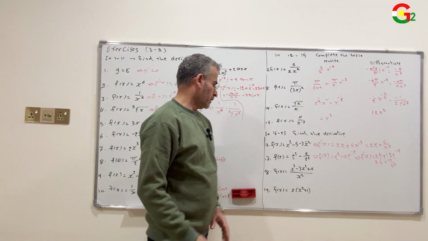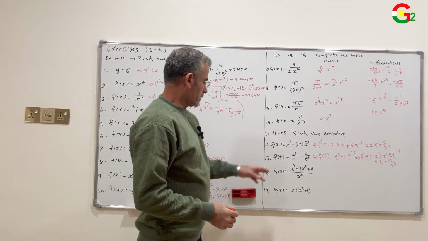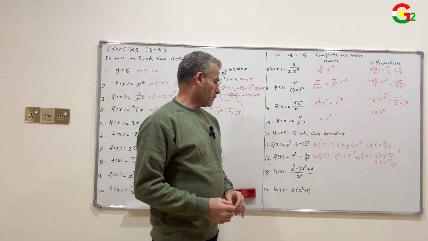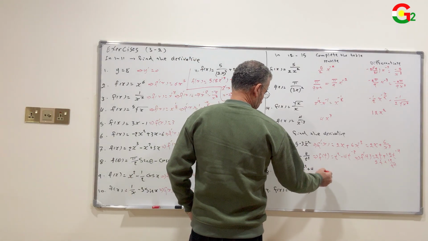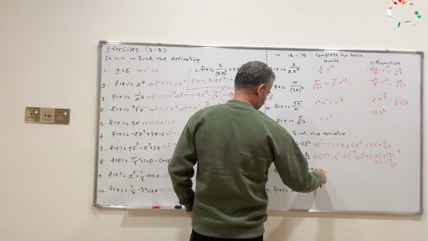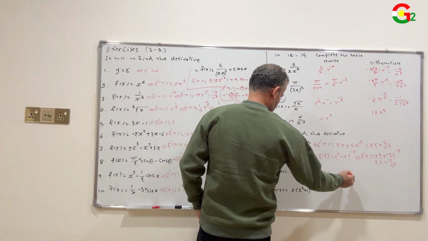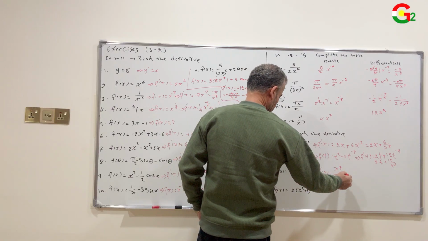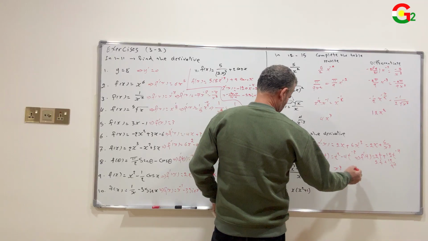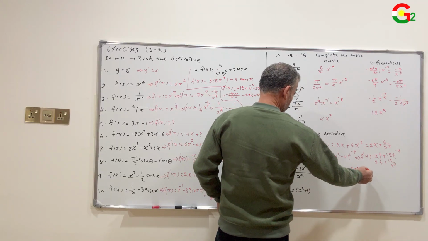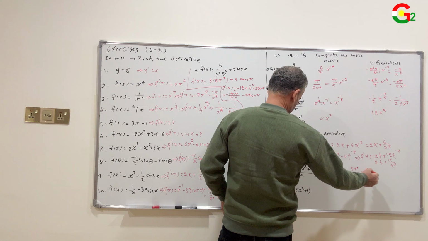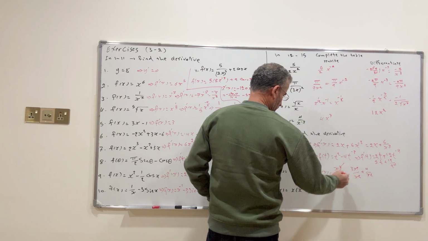f of x equals a rational function, x^3 minus 3x^2 plus 4 over x^2. Rewrite it as f of x equals x^3 over x^2 minus 3x^2 over x^2 plus 4 over x^2.